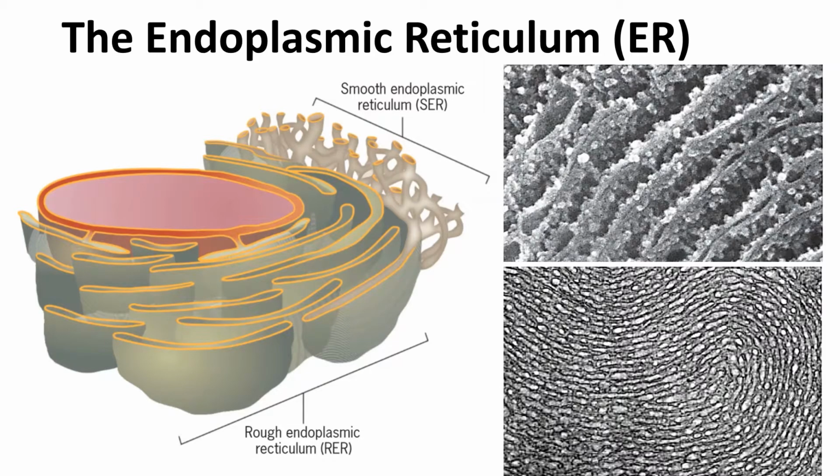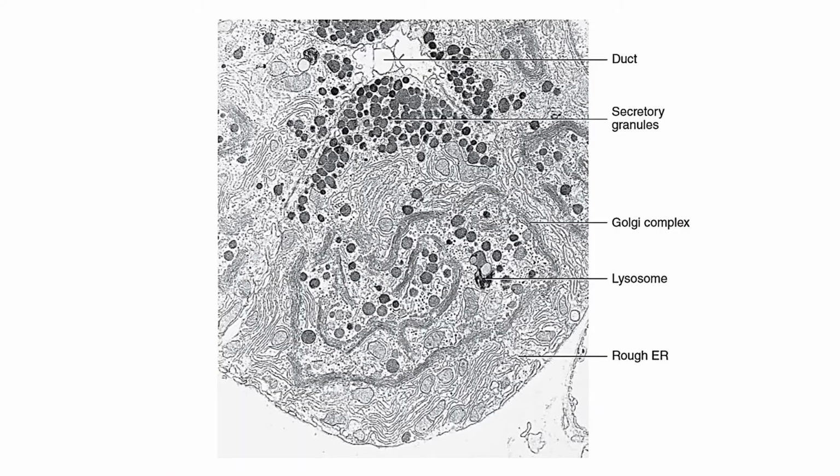That's where the name endoplasmic reticulum comes in. So here we have a cell. This one could be a secretory cell that would be producing a protein hormone. The ER are the ones responsible for the production of the protein hormone.